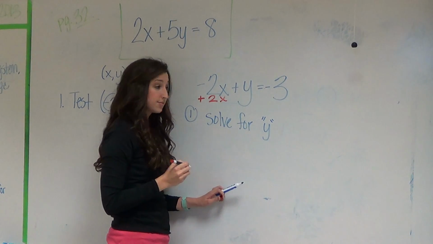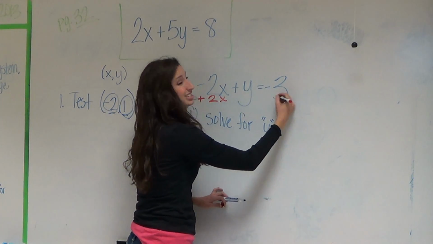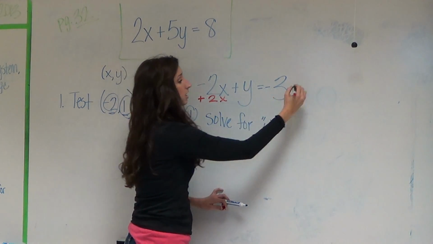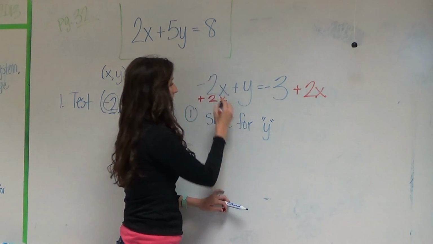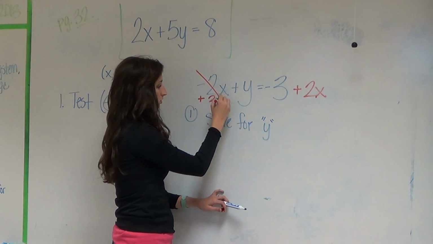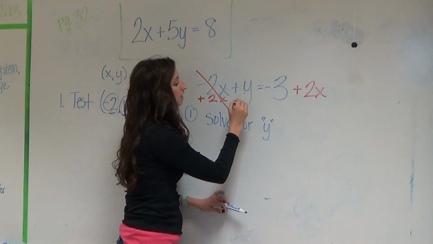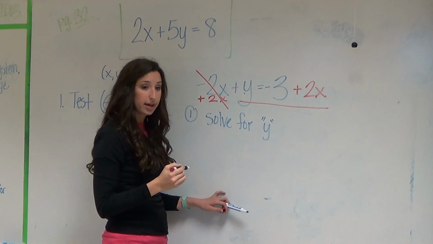Whatever I do to the left, I have to do to the right. So I'm going to bring it over here because this is not the same term. This one does not have an x. Negative 3 plus 2x. These cancel. Now I have y equals negative 3 plus 2x.